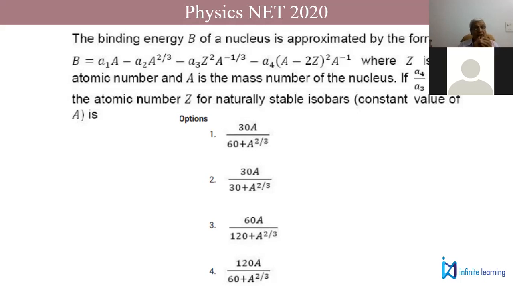So you take dB by dZ equal to 0. You have to differentiate the right hand side with respect to Z, and then see what Z value you arrive at. That Z value will depend on the ratio of A4 and A3. They have given you the value. Now you want to know whether your guess of option 1 is right or not. Let's see.